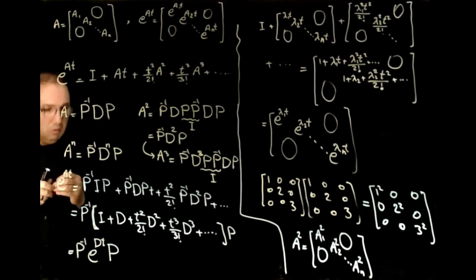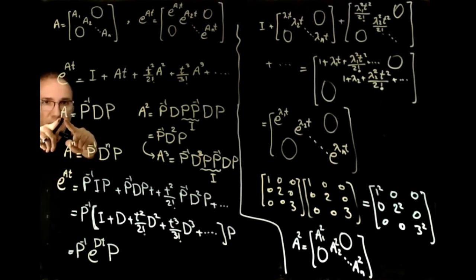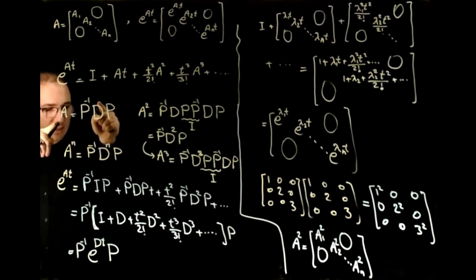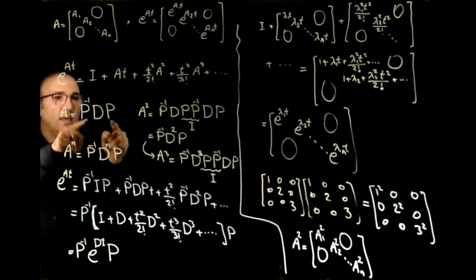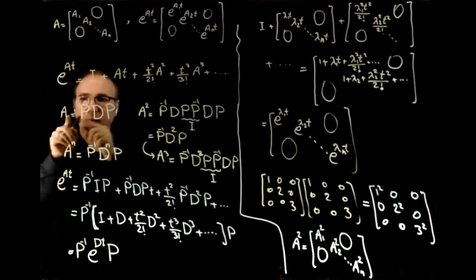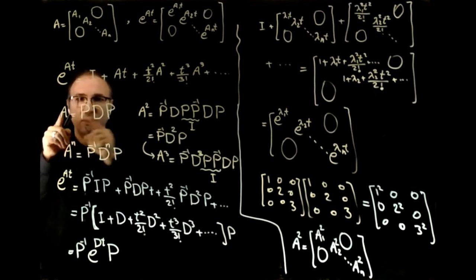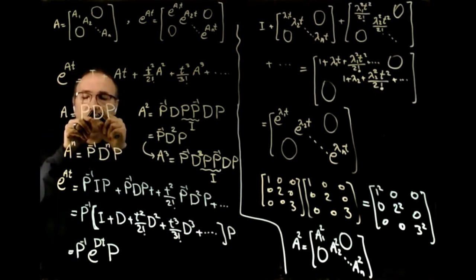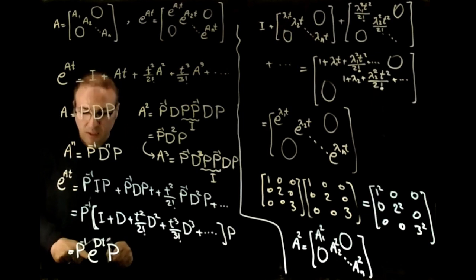So this is very good. If I have A as P inverse D P, e to the power of At would be P inverse e to the power of Dt P. You see, that P, it's like it doesn't do anything. If I have that e to the power of At, I can have e to the power of Dt, right? And P inverse.